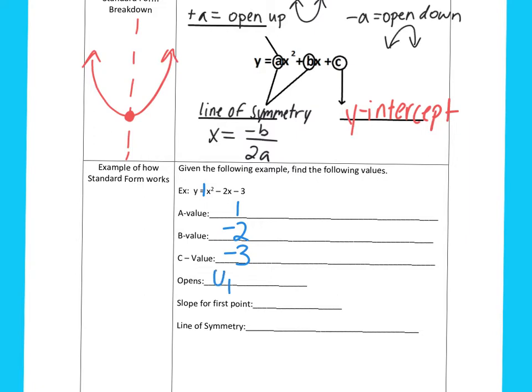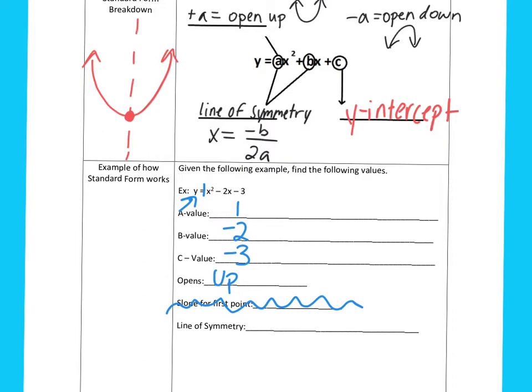Up. Why? Yep, what's positive? Yep, the A value. This 1 right here. That's positive, so it's opening up. Cross off this, okay? It's a little trick that doesn't work every time. It only really works if A is 1, so we're not going to worry about it.